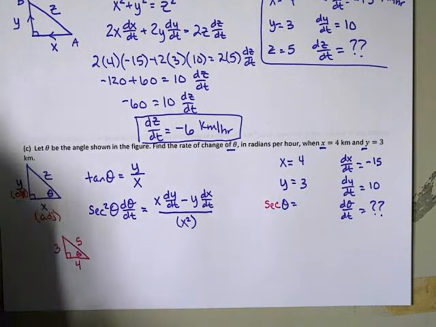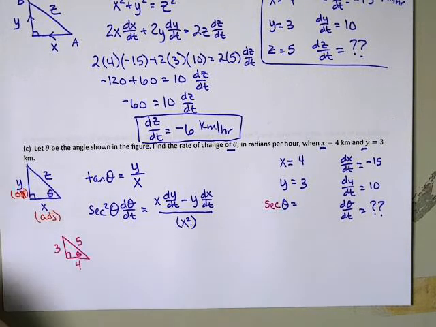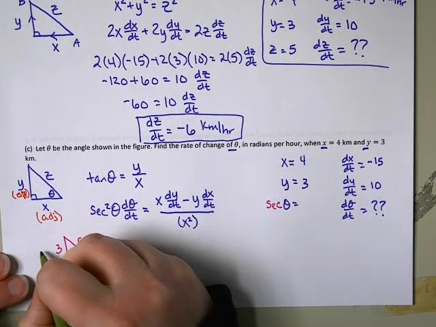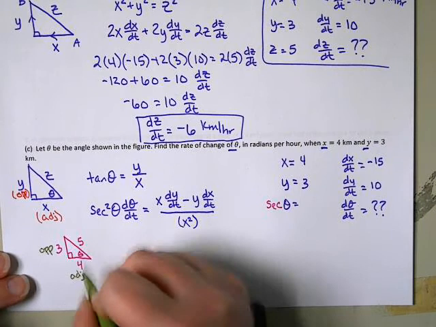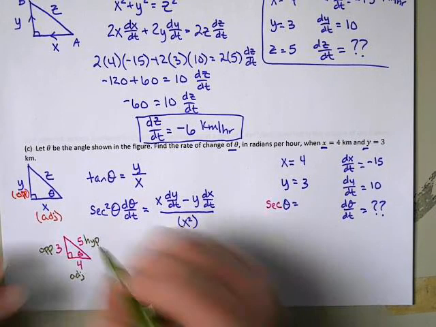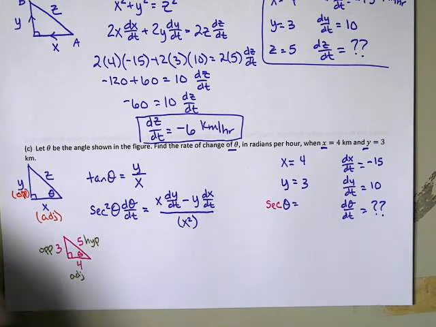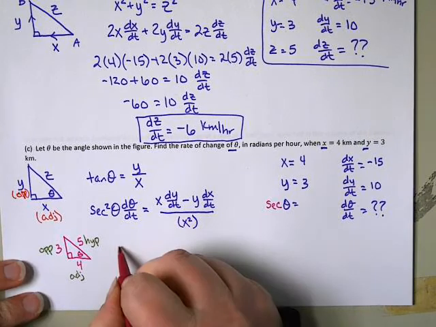Now we know that the side across from theta is the opposite. This is our adjacent, and this is our hypotenuse. And we want to find the secant of theta.